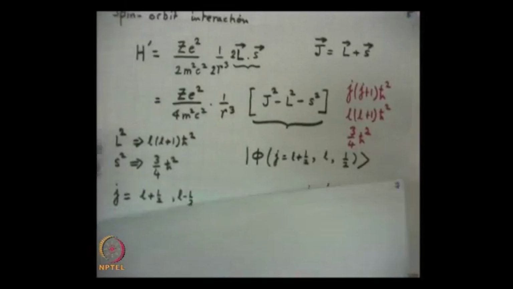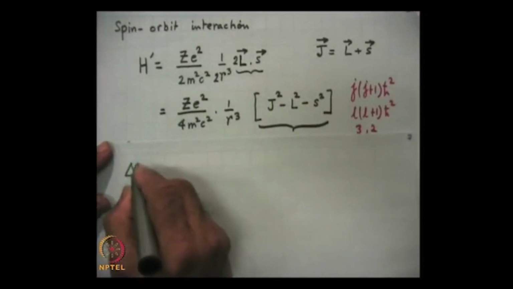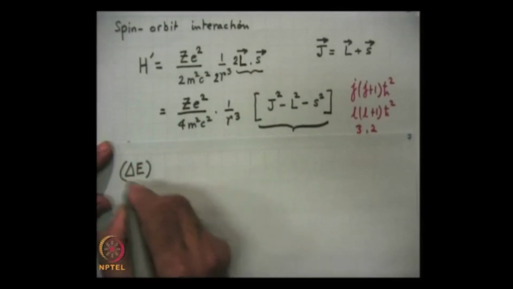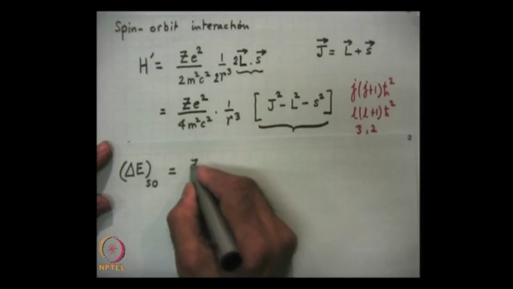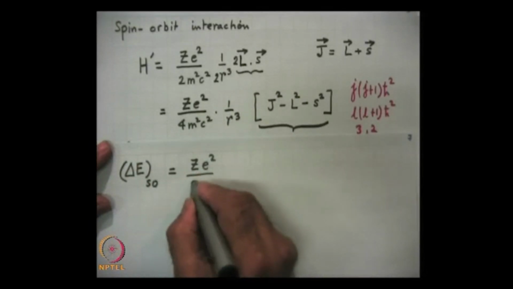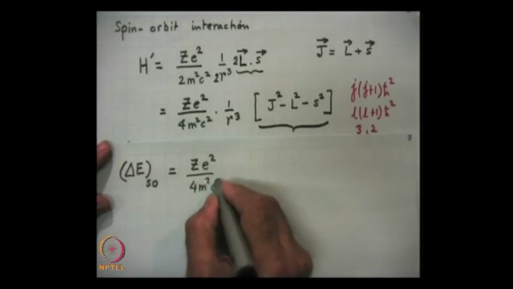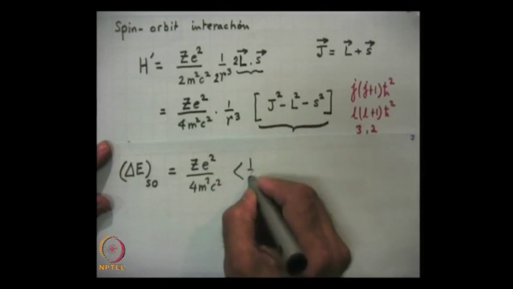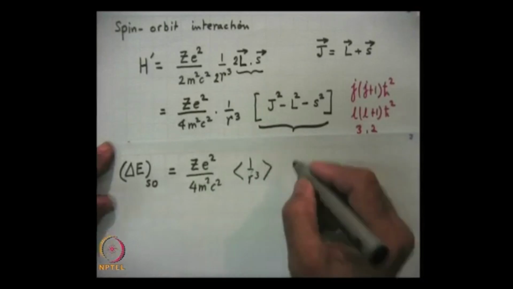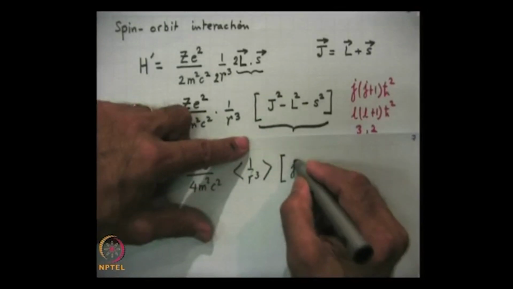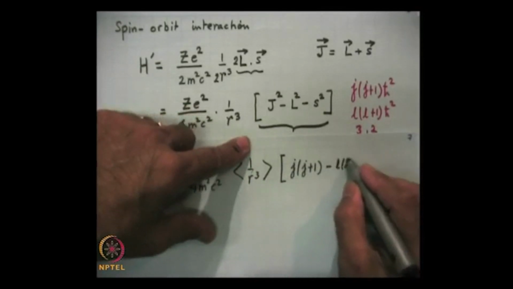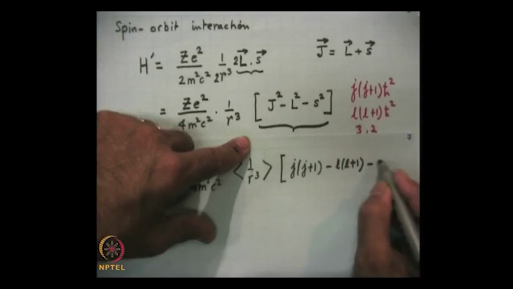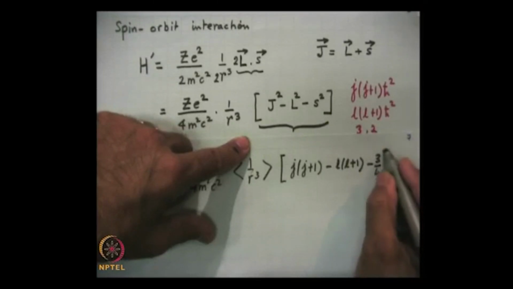The perturbation, that is delta E, the change in the energy because of the spin orbit interaction, will be this constant Z e square by 4 m square c square, the expectation value of 1 over r cubed, multiplied by j into j plus 1 minus L into L plus 1 minus 3 by 4, times h cross square.